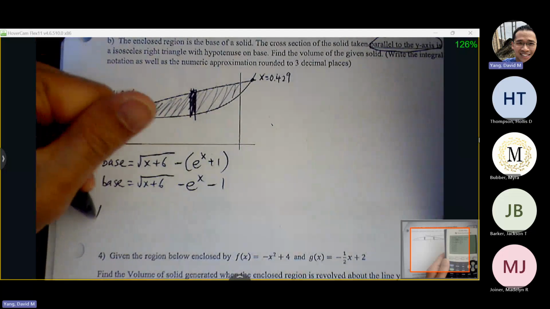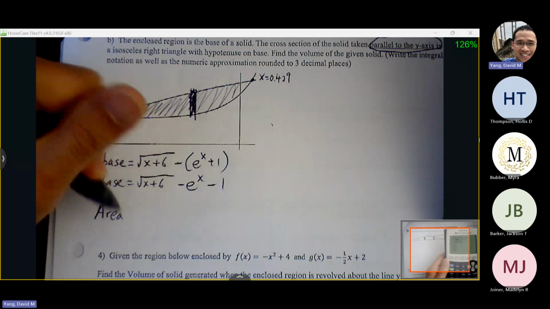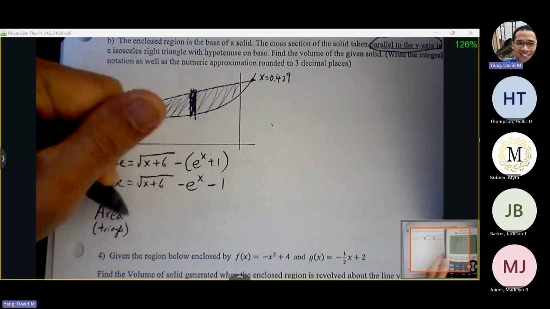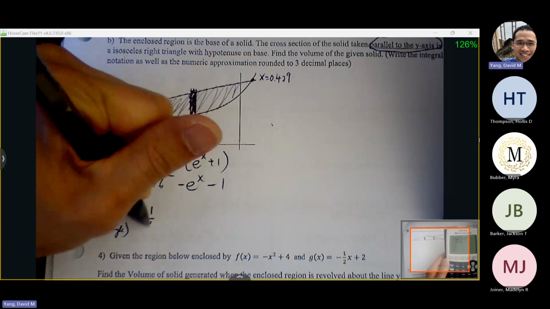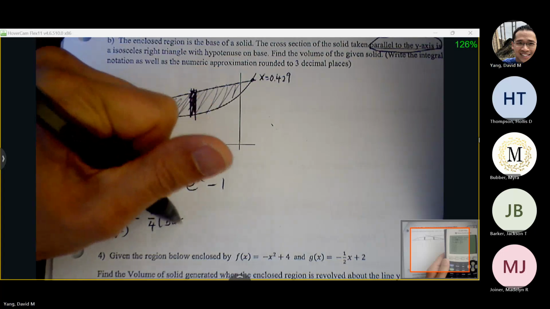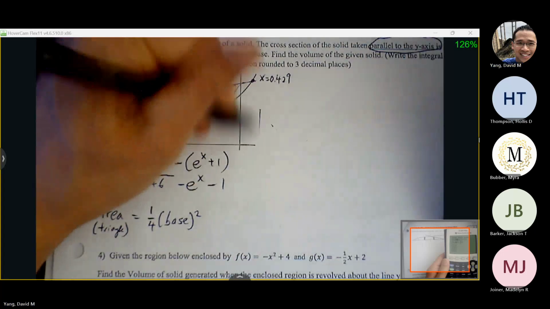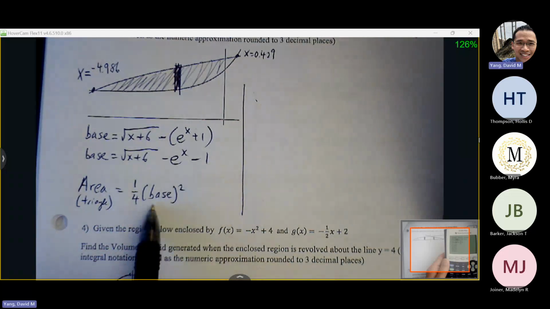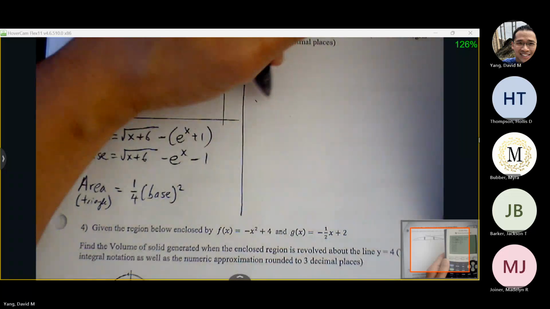Next up, let's get to the second dimension, which is area. We want the area of this triangle with hypotenuse on the base. It's 1/4 base squared. So we'll insert this base into our formula.